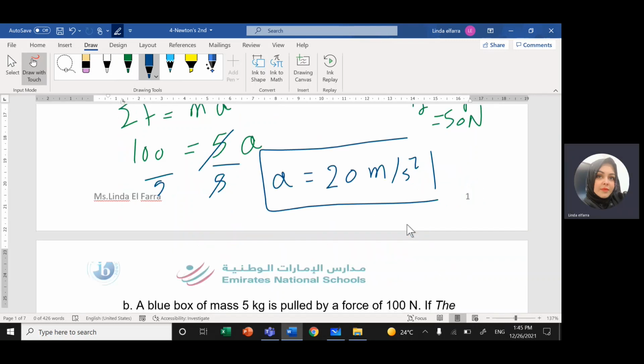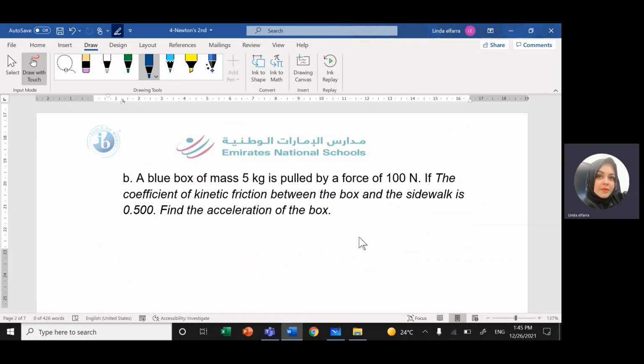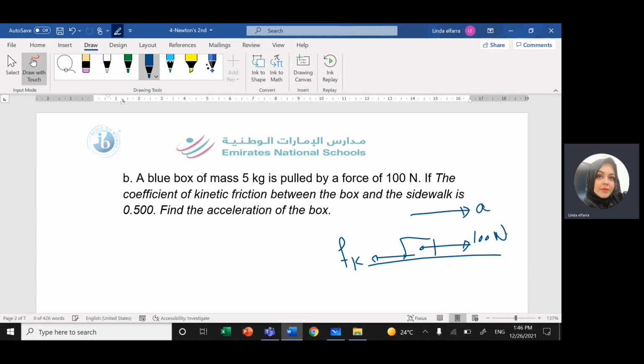If I give you the same question, but this time I have a friction. So you have the same box and there is an applied force to the right of 100 Newton, and there is a friction. So I have Fk in the opposite direction, always opposite to the direction of motion, which is the direction of acceleration.